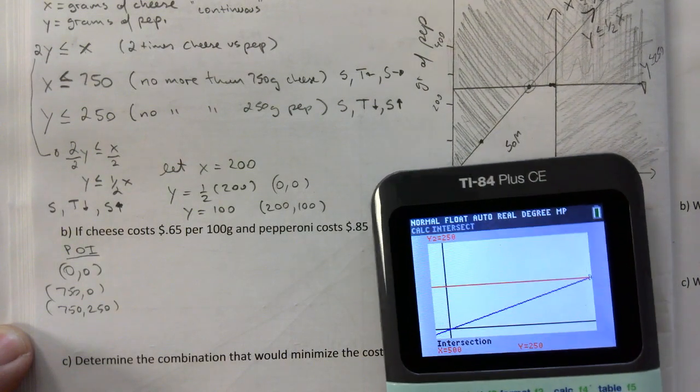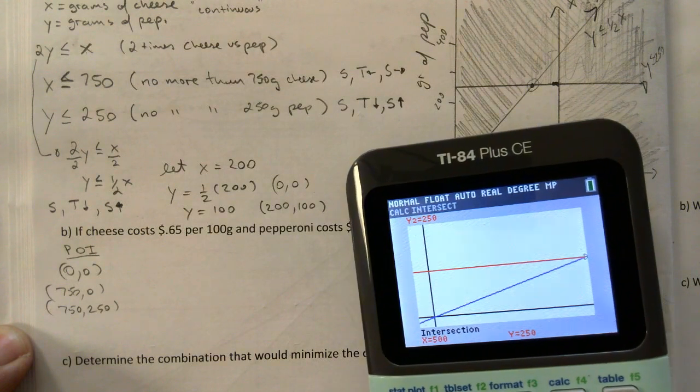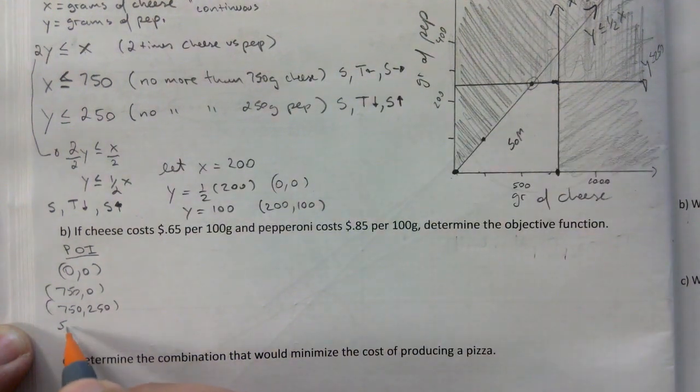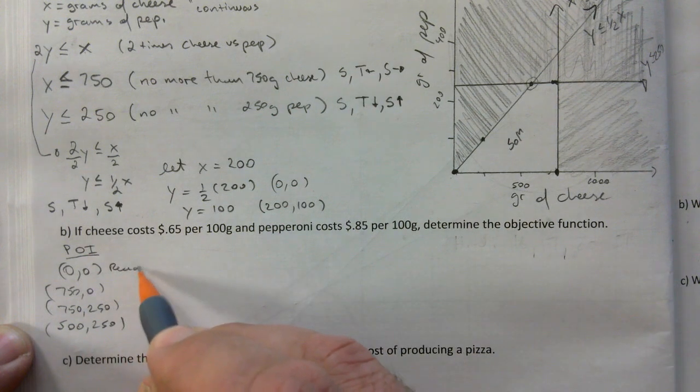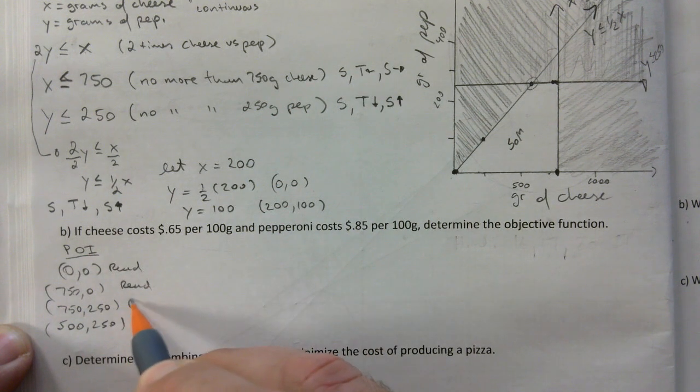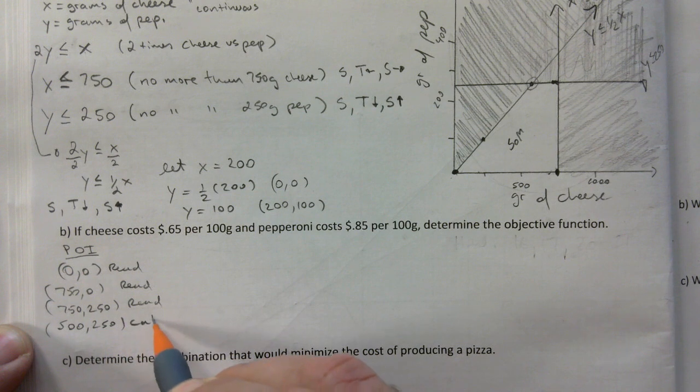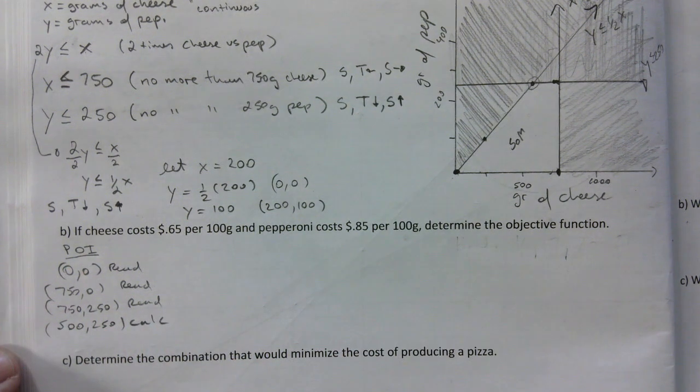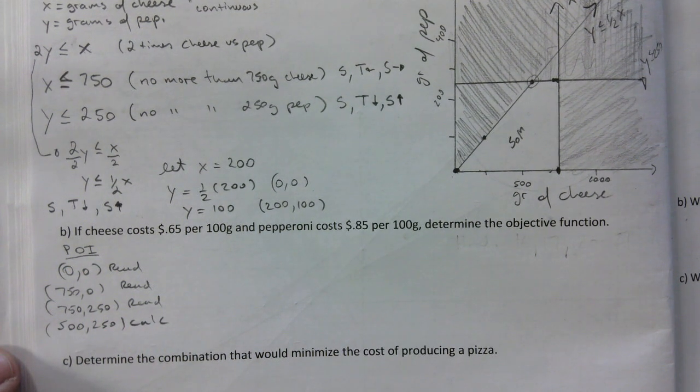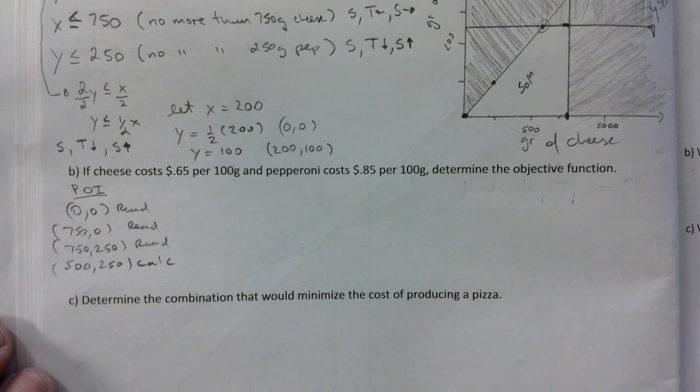There it is, (500, 250). So read, read, read, calculator. Because if you do everything with a calculator, it's going to take too long, right? So if you can shave off some time, do it, okay?